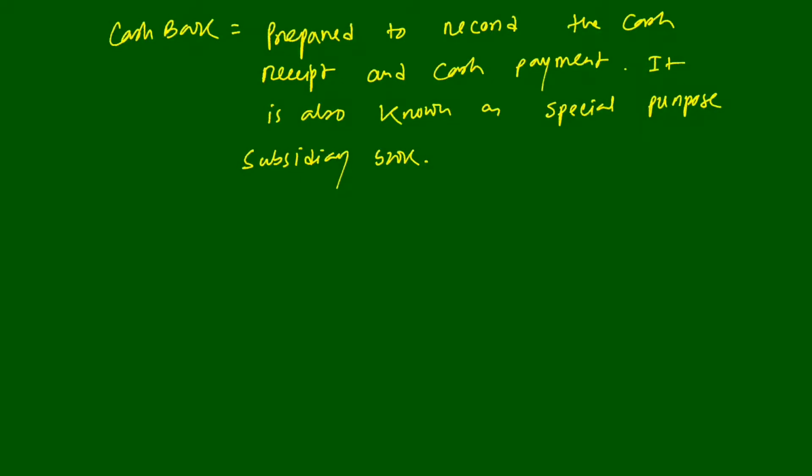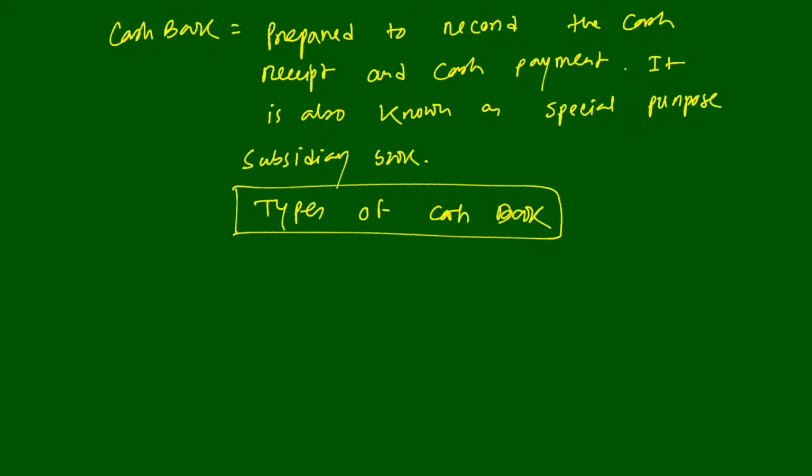Now, types of cash book. Basically there are three types of cash book. First one is simple cash book, or single column cash book.